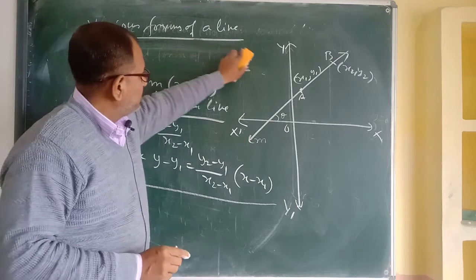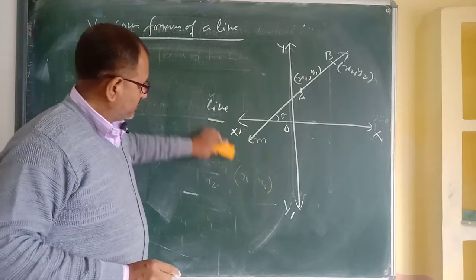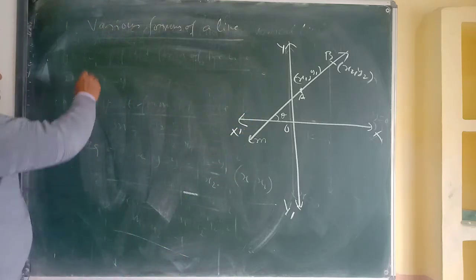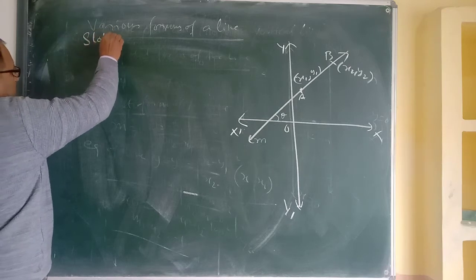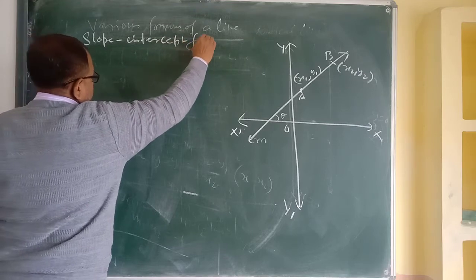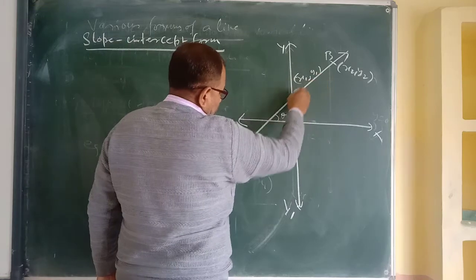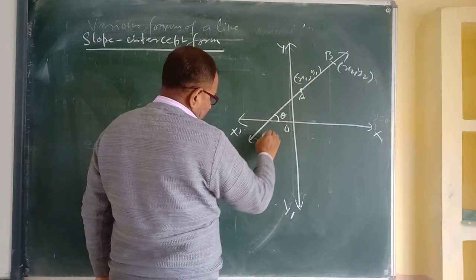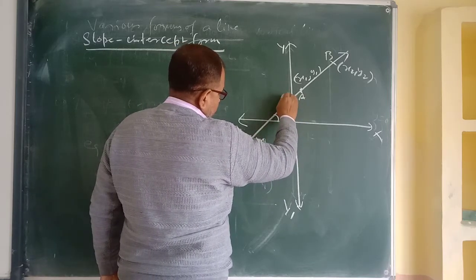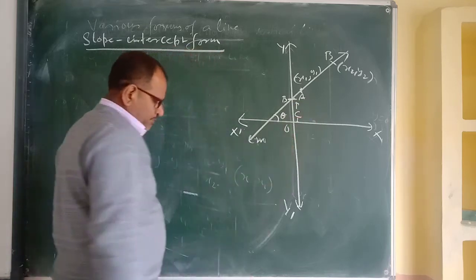Next is the slope intercept form of the line. Suppose this line makes angle theta, having slope m, and its y-intercept is C. Intercept means what?